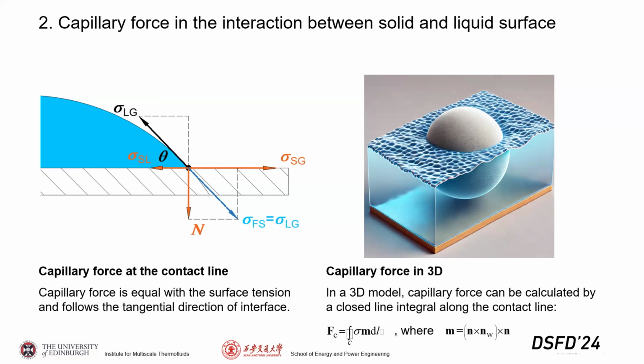But it is not the surface tension, because the surface tension acts at the liquid point, while the capillary force acts on the contact line of the solid phase. For the 3D case, with a spherical particle, the contact line is a closed curved line instead of a point, so the capillary force can be calculated through a line integral along the whole contact line.